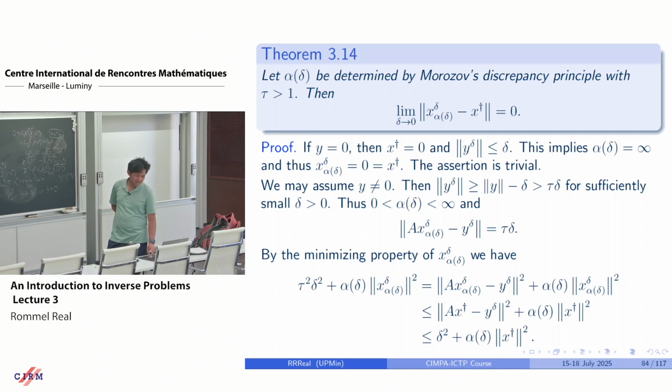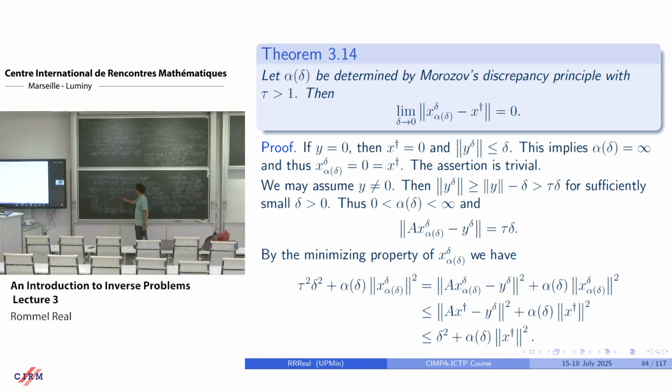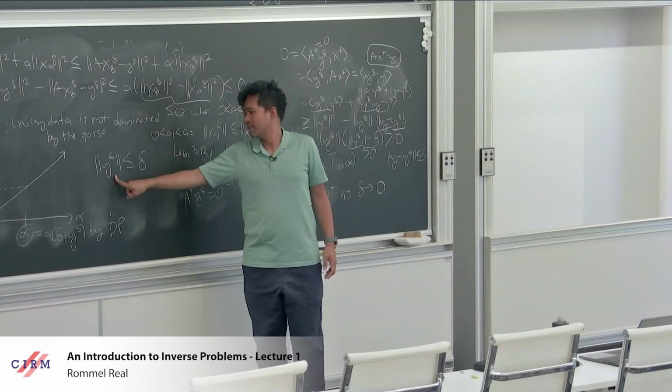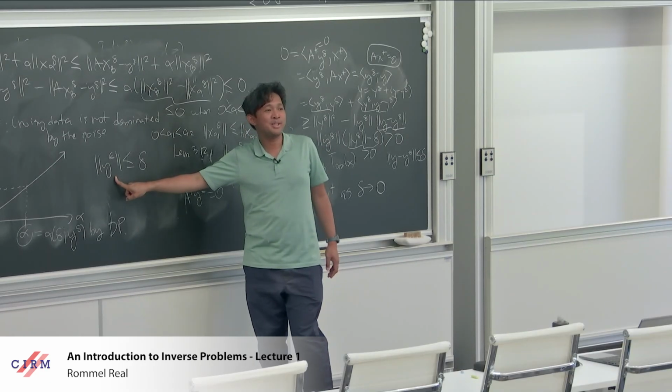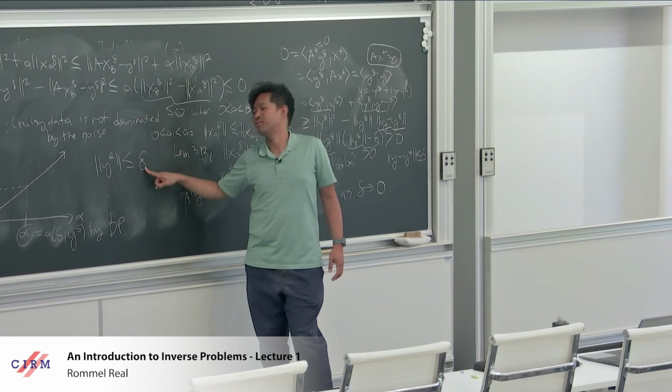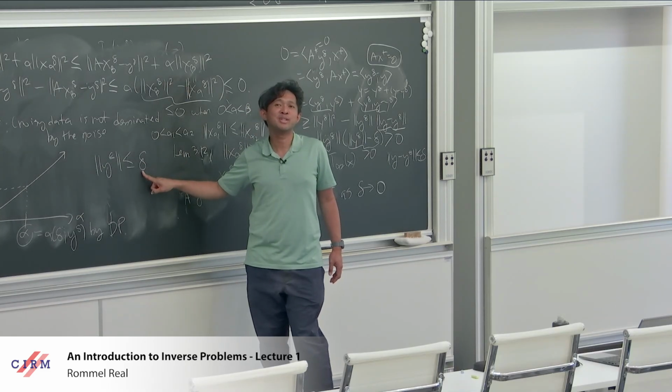Then x dagger is equal to 0, so in this case the norm of y delta must be less than or equal to delta, and that is related to the instance where your noisy data is being dominated by the noise.